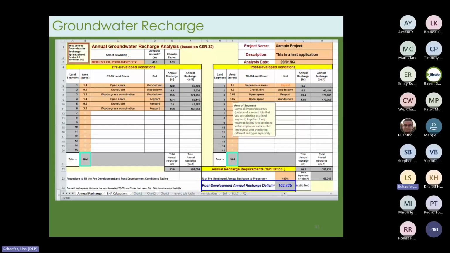This is the first page of the groundwater recharge spreadsheet, and the tab says the name. We will refer to this as the annual recharge worksheet. The orange shaded areas are for user inputs. The gray areas are the outputs.